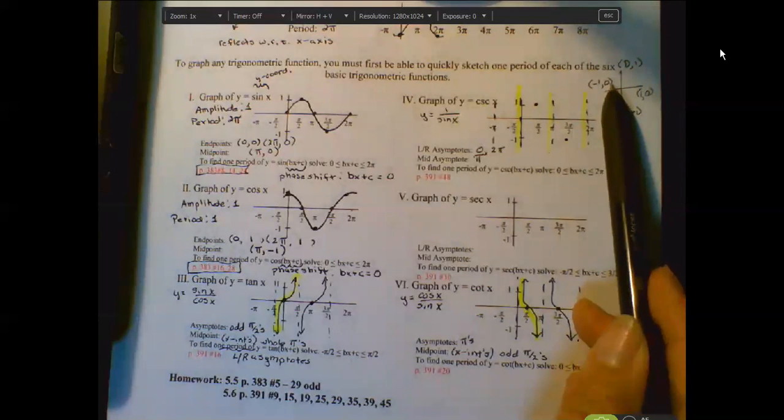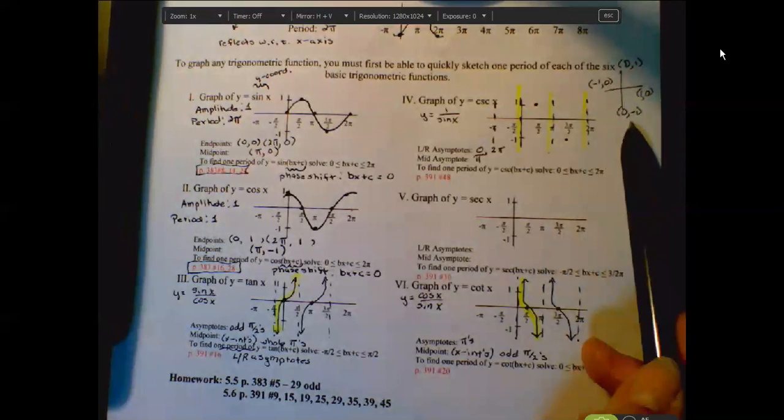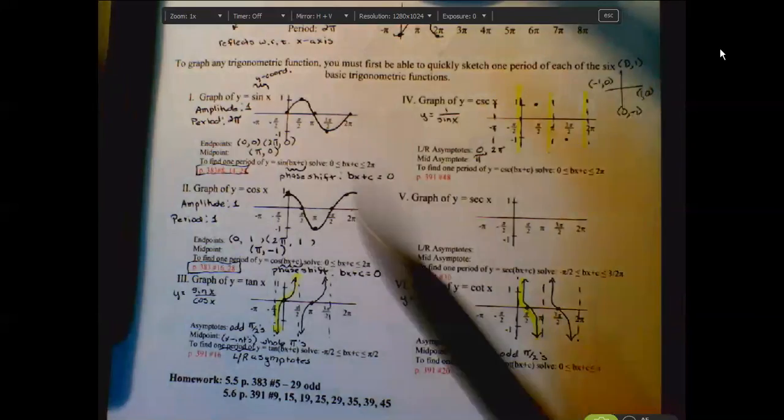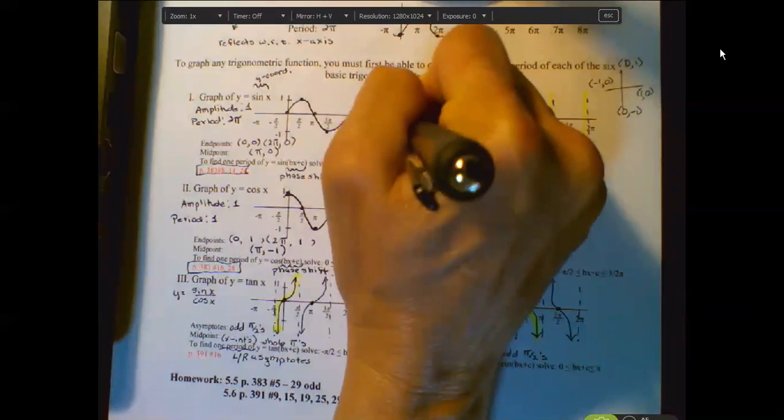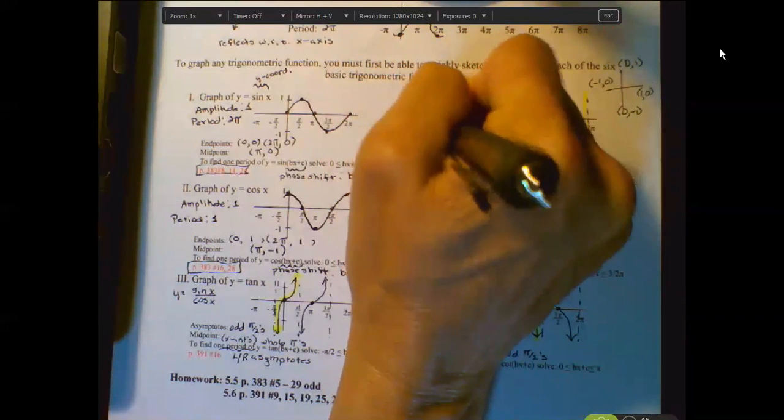No. You flip 1, you're not going to get 0. You flip 0, you're going to get undefined. Flip -1, you're going to get -1. Flip this 0, you're going to get undefined. And that's why cosecant has no x-intercepts. There's no value of y that you can flip and get 0.